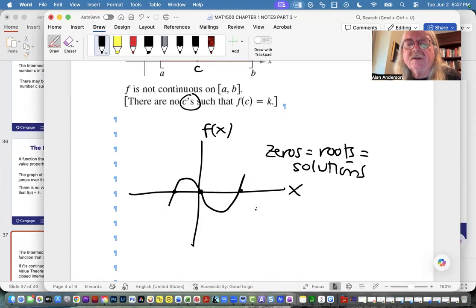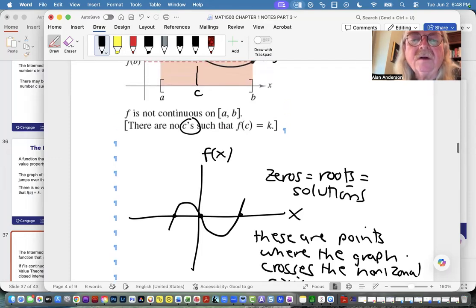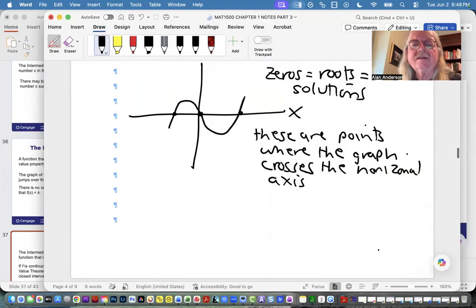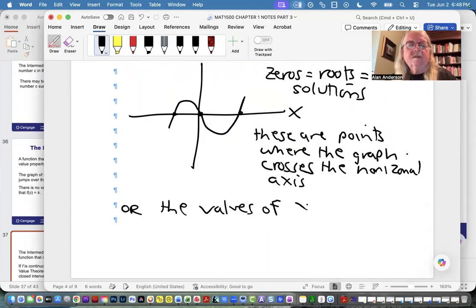As far as the graph is concerned, these are points where the curve or the graph crosses the horizontal axis, or you can think of these as the values of x where f of x equals 0.